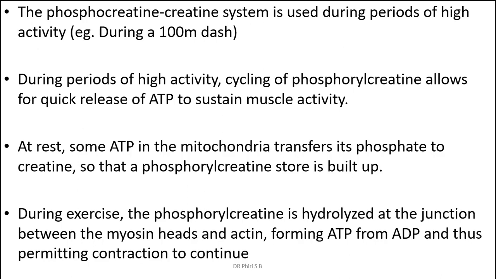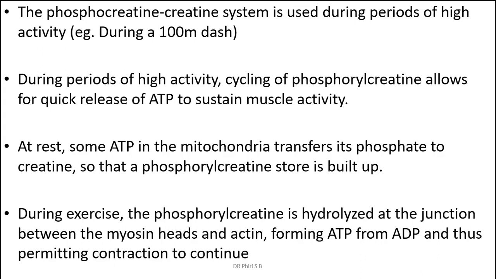So once you deplete your ATP, the phosphocreatine system will react with ADP, giving you back your ATP and creatine. So you regenerate the ATP for muscle activity. During periods of high activity, like cycling, phosphocreatine allows for quick release of ATP to sustain muscle activity.